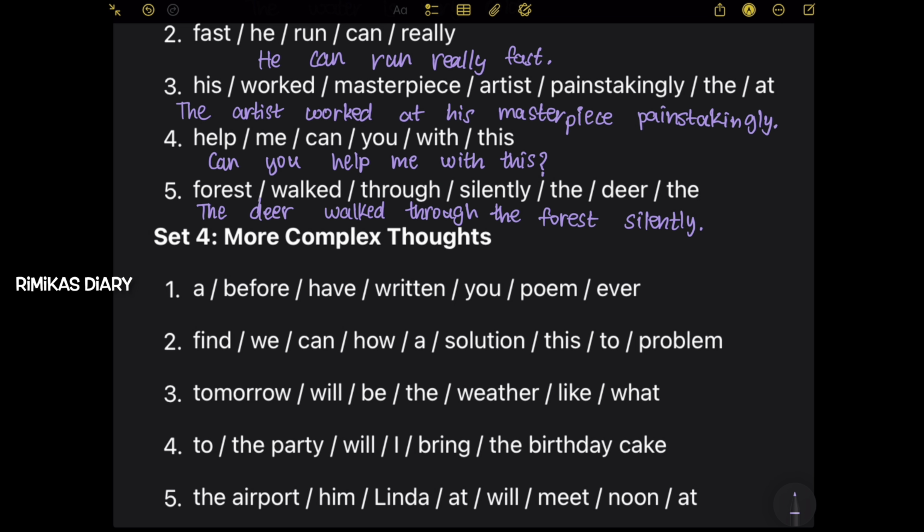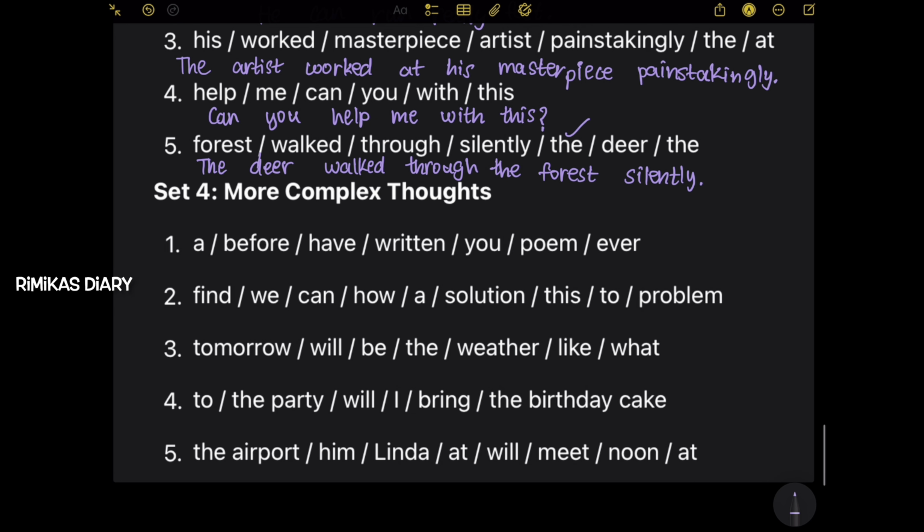So sometimes you might get confused, like what are the words that you have written, what are the words that you haven't written. So whenever you write a word, for example, I wrote the, then tick that word, the. And then deer, I wrote deer, so tick that. Walked through the forest silently. So you could also do that if you get confused.